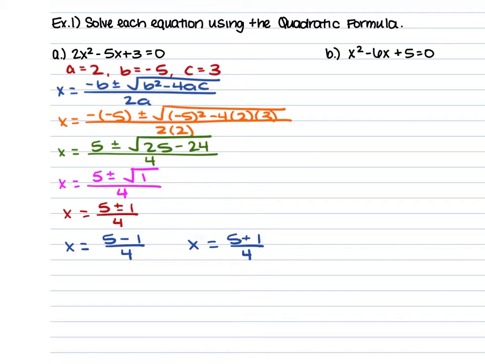From here, the 5 minus 1 gives us 4 over 4, which is just 1. And then the 5 plus 1 gives us 6 over 4, which is x is equal to 3 over 2. So your two solutions here are 1 and 3 over 2.